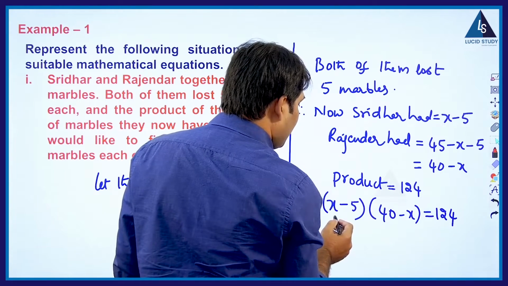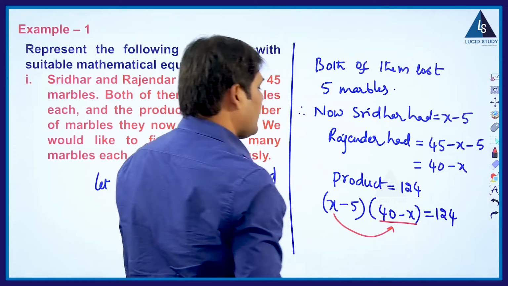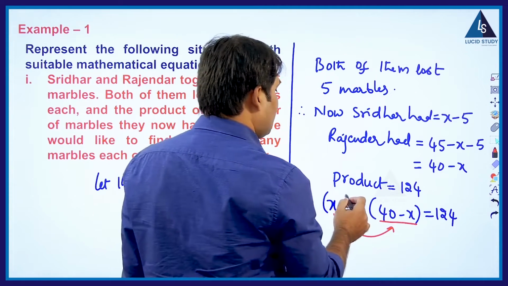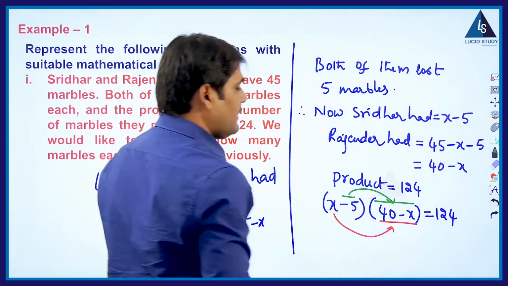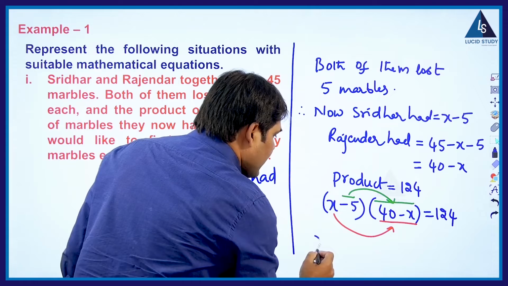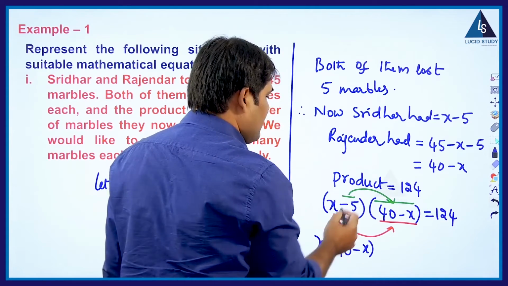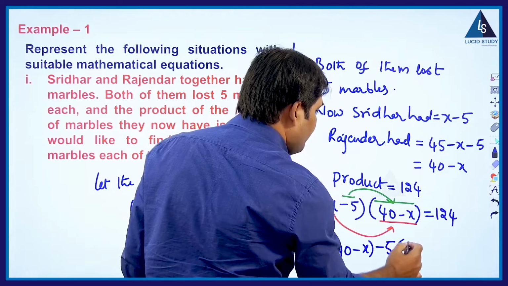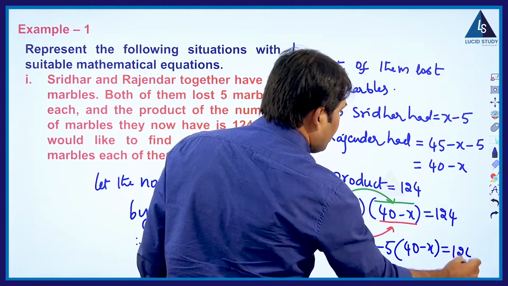We have to multiply the entire expression with x here. Then we have to multiply with minus 5 again this entire expression. Okay, let us multiply. So x into (40 minus x) minus 5 into (40 minus x) is equal to 124.